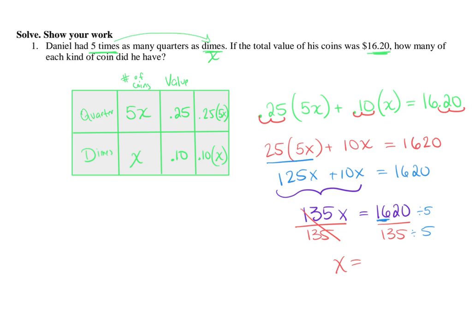5 goes into 16 3 times with 1 left over. 5 goes into 12 2 times with 2 left over. And 5 goes into 20 4 times, right? So you can divide those by 5. 5 goes into 13 2 times with 3 left over, and 5 goes into 35 7 times, right?